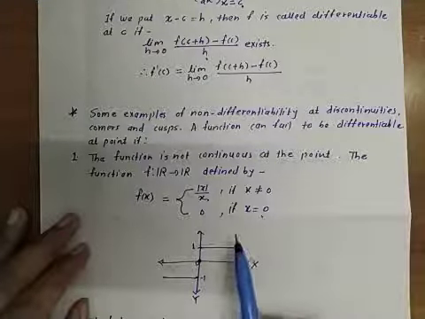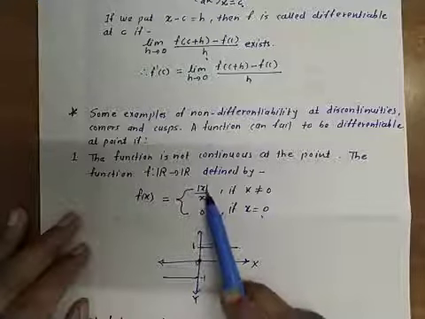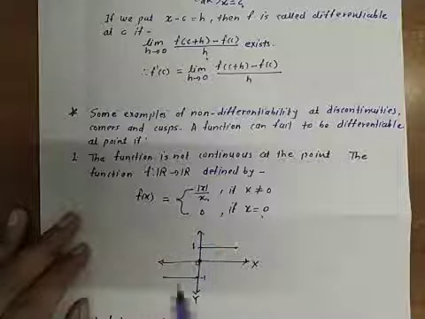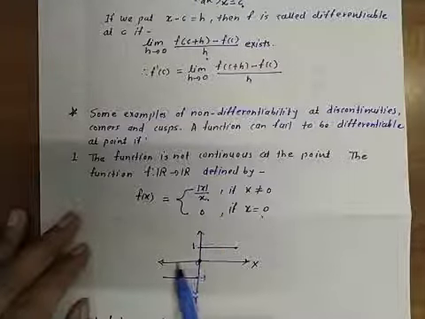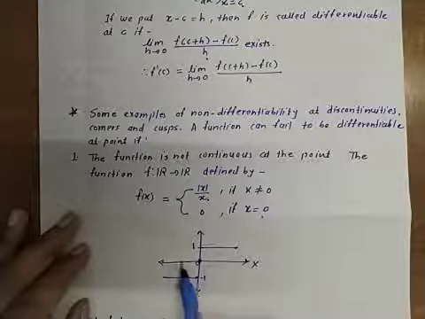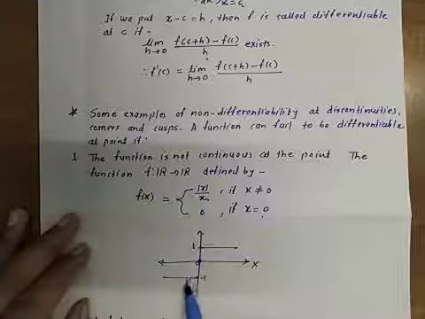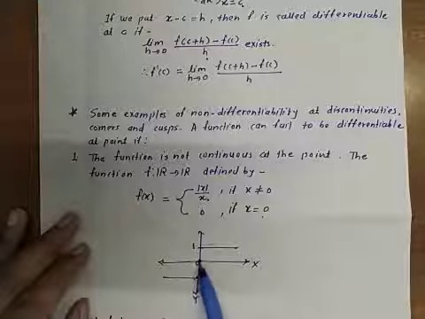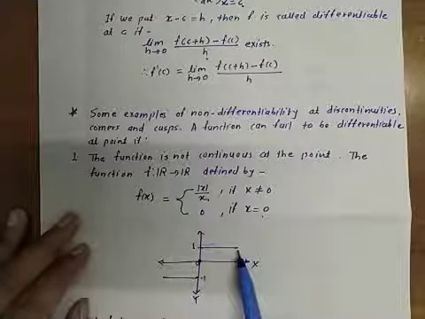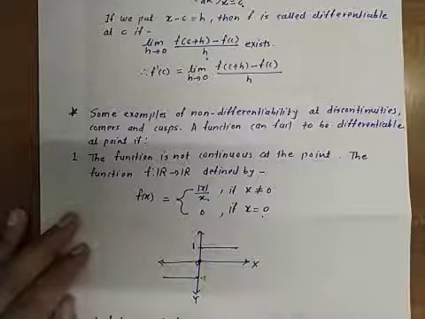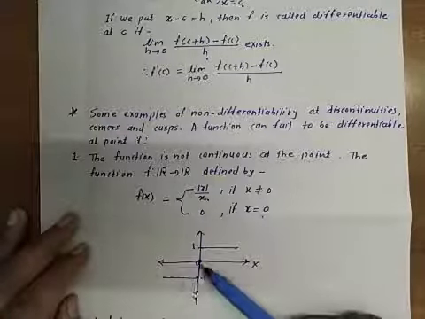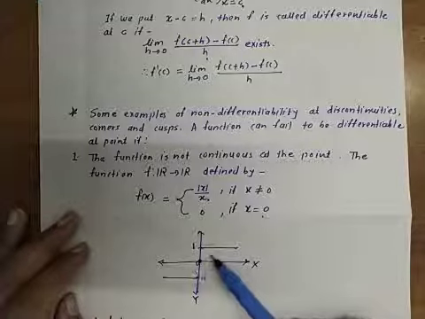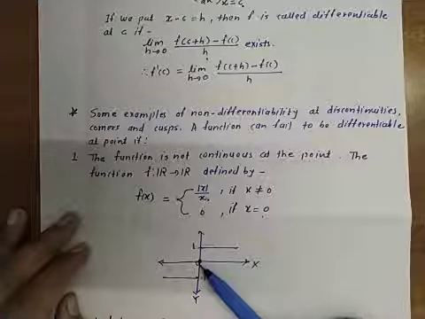If x is negative, mod x will be minus x, so minus x upon x will be minus 1. So for all negative values of x, the value of the function will be minus 1. So the complete graph of the function is minus 1 for negative x, at 0 it is 0, and for all x greater than 0 it is 1. Now you can see that the function is discontinuous at point 0. So this function is not differentiable at point 0.